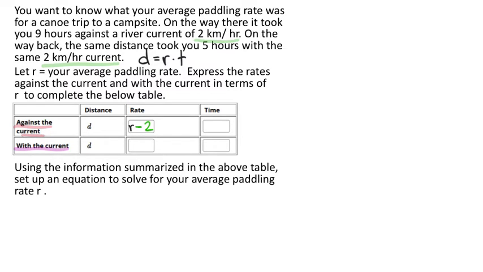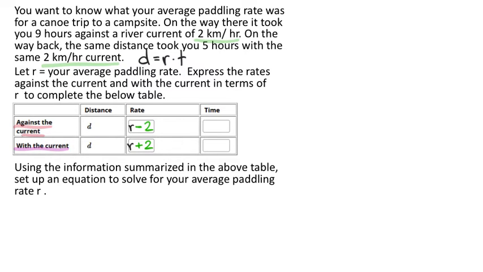So if we were going with the current, you'd have your rate of paddling, but now that 2 needs to be added to your paddling rate because it's going to make you faster. These rates that we're talking about here, this is all speed, right? So the current can take away from your speed, that's why it's subtraction. Or if you go with the current, it will add to your speed.